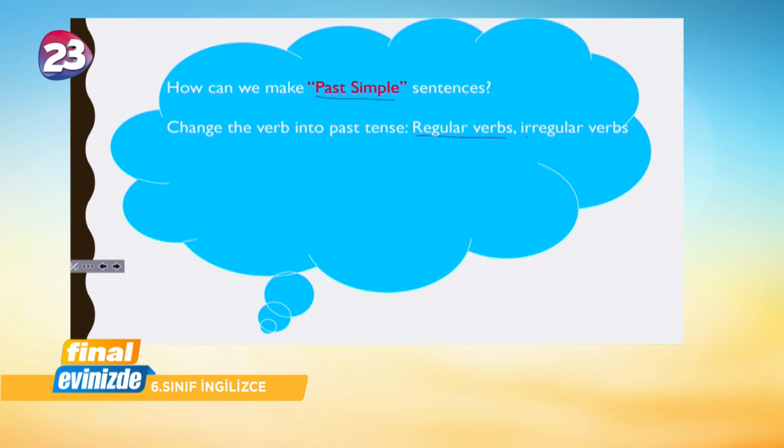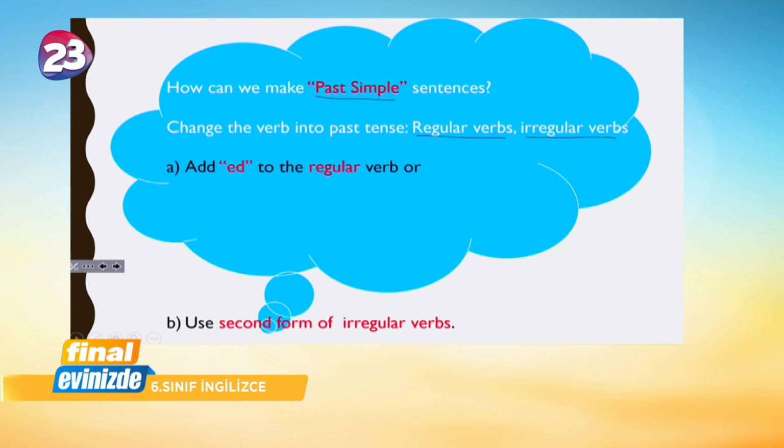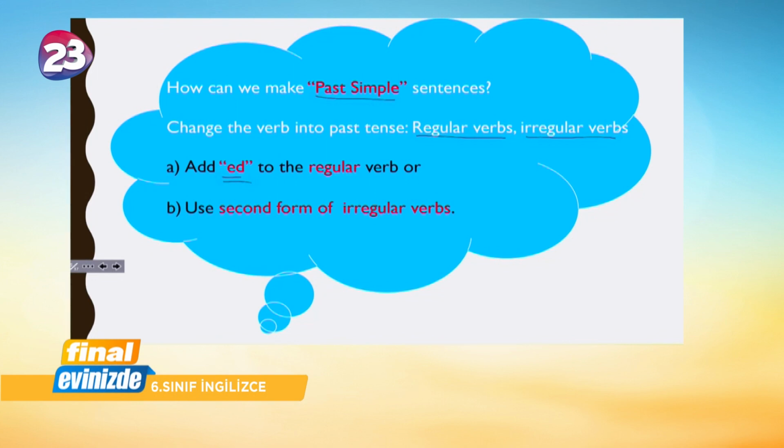Second one is irregular verb. If you want to change a regular verb into past, we need to add ed, okay? But if you've got an irregular verb, this means you need to use the second form, past form of irregular verb. Let's carry on with regular verbs.